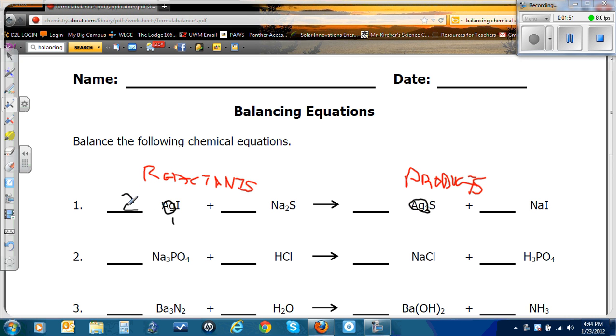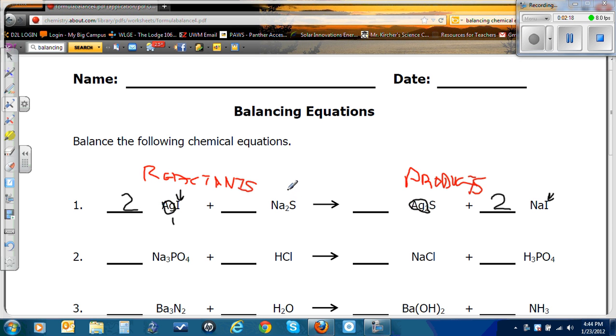Now this coefficient of 2 has impacted the second part here, my iodine. So I now have 2 parts iodine. I go over to the product side, and here I have 1 part. So again, the only thing I can do is add a 2 here. I now have 2 parts iodine. Now I go on to the next compound, which happens to be sodium.